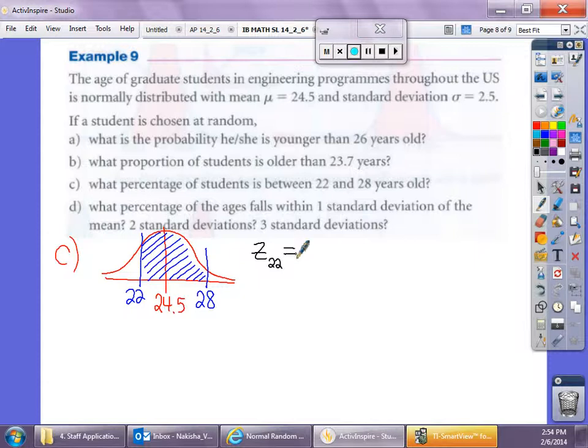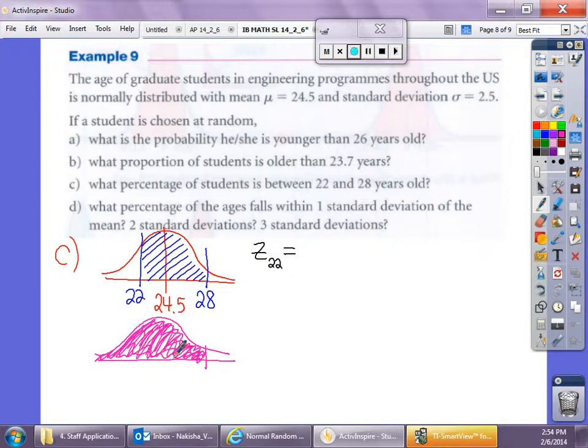bit harder. So what I want to show you is underneath here, if I was to use my z-table and try to use 28, it's going to give me all of this area. All of it. So this obviously takes a little bit more thought.